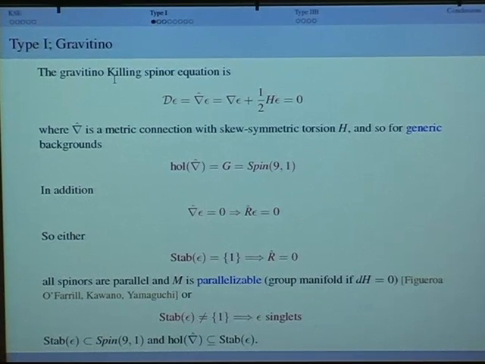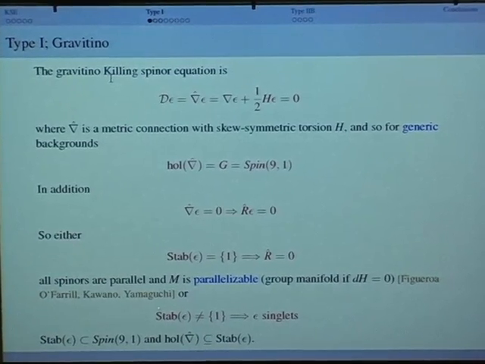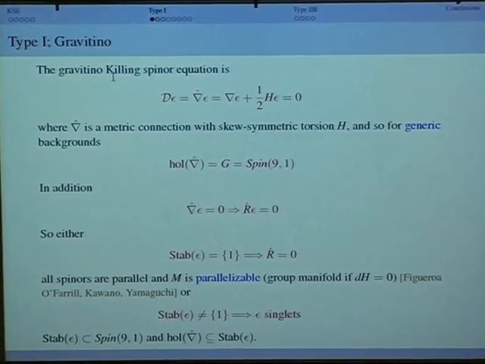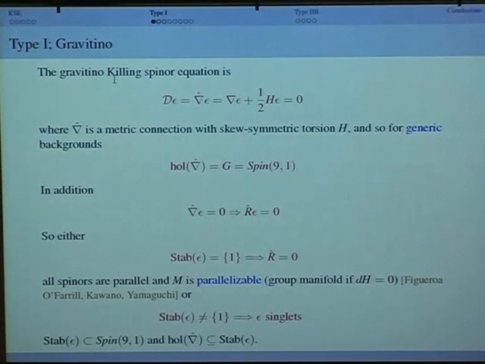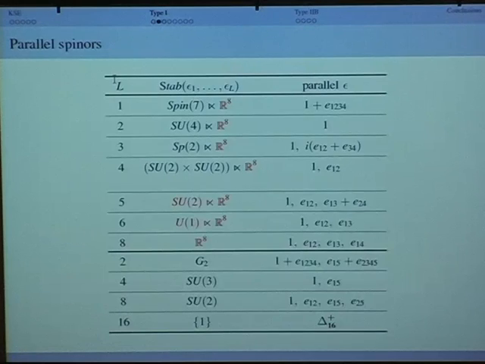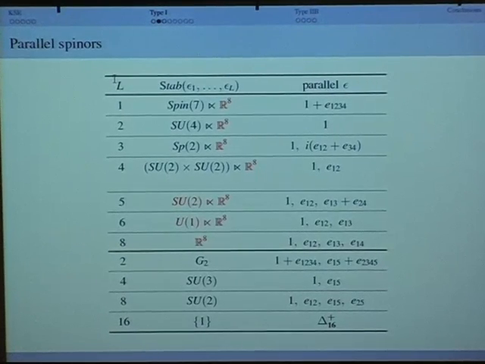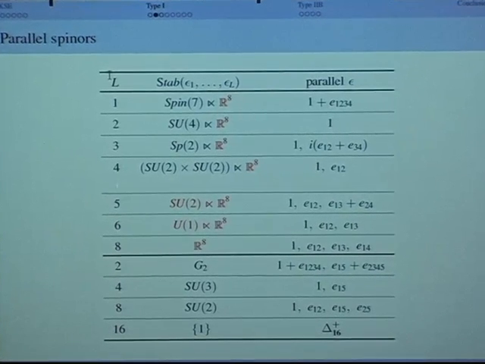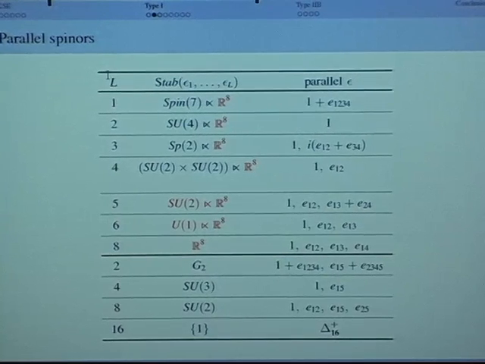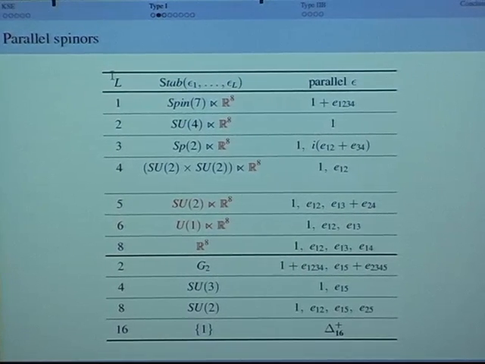On the other hand, if the parallel spinors have a non-trivial isotropy group, so they are singlets, then we have to find all possible subgroups of Spin(9,1) that have singlets. And then the holonomy of this connection has to be inside the stability subgroup of the parallel spinors. And here's the full list. The left-hand side is the number of singlets that occur in the Majorana-Weyl representation of Spin(9,1).